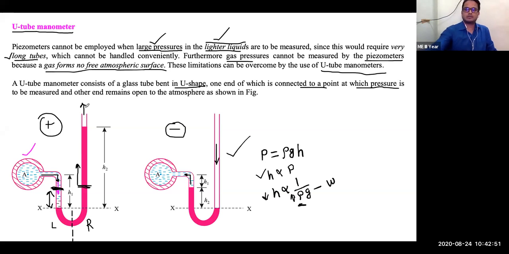Draw the diagram, take down these statements, which are very important, and draw both the diagrams. For positive pressure, here I have drawn the positive symbol, and this is for negative pressure. The negative symbol is drawn over here.